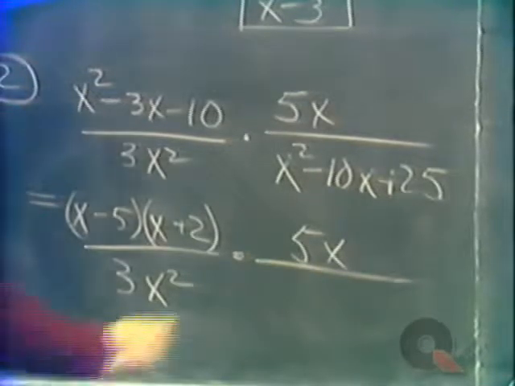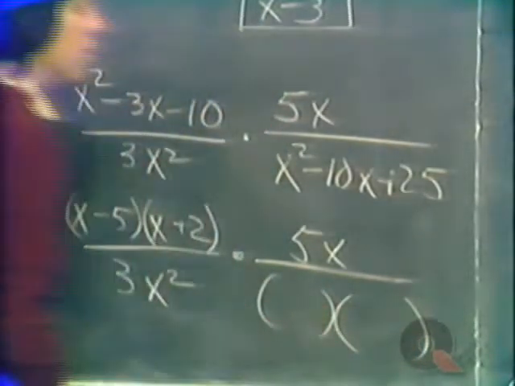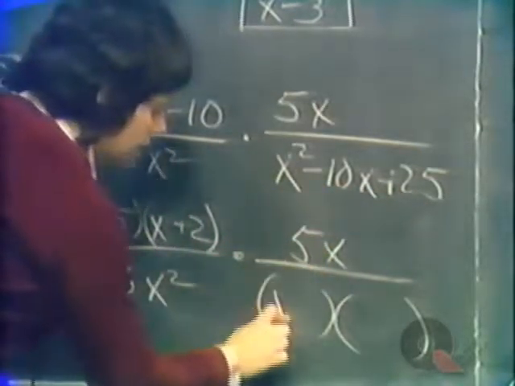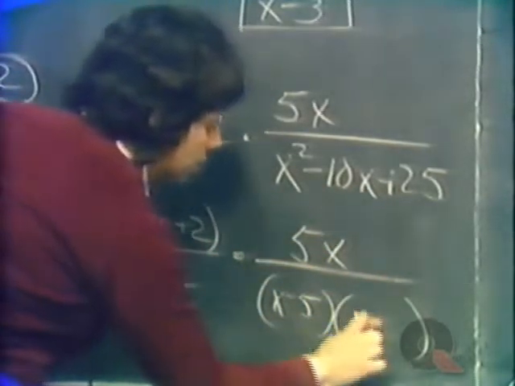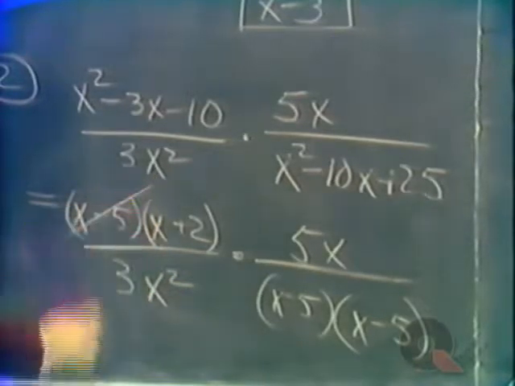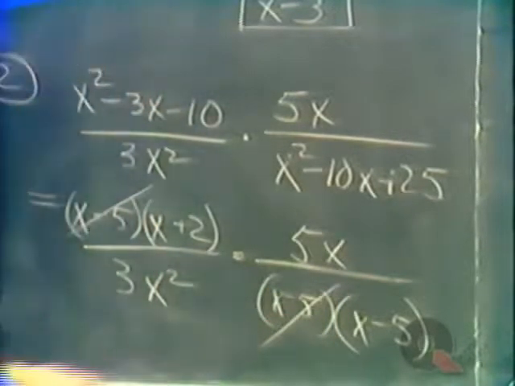And similarly down here, we're looking for two numbers which multiply to plus 25 and add to minus 10, and they are minus 5 and minus 5. So we can see that x minus 5 is a factor in the numerator and in the denominator.